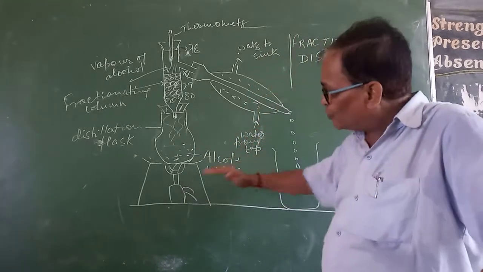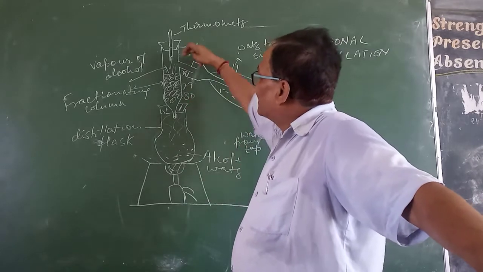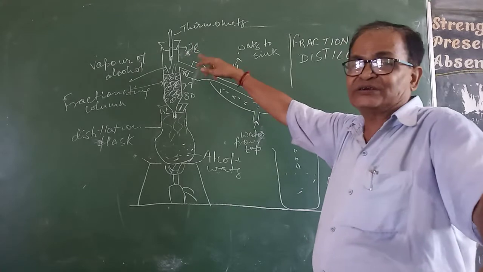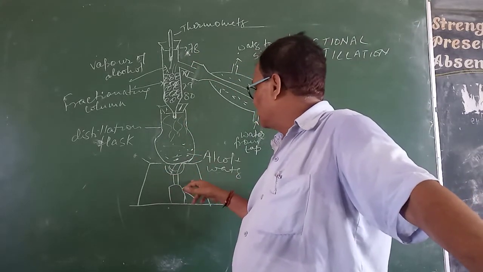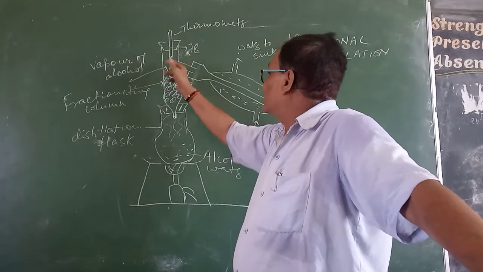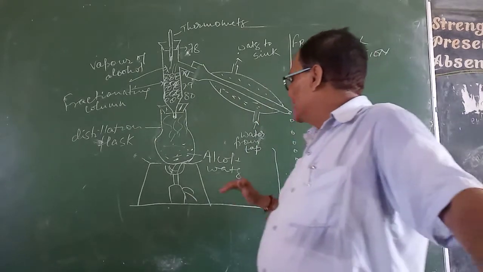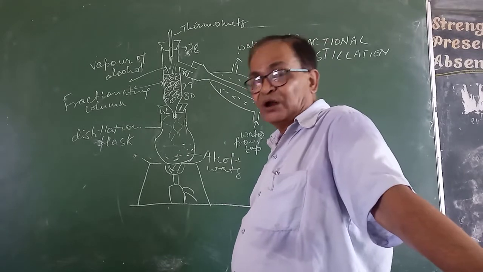As we continue to heat, when the temperature of the top part of the fractionating column reaches 78 degrees Celsius, the vapors of alcohol pass out through the condenser, because we know that 78 degrees Celsius is the boiling point of alcohol.